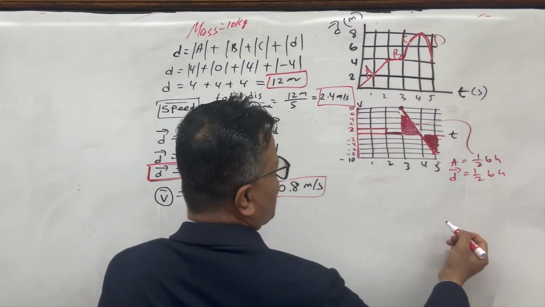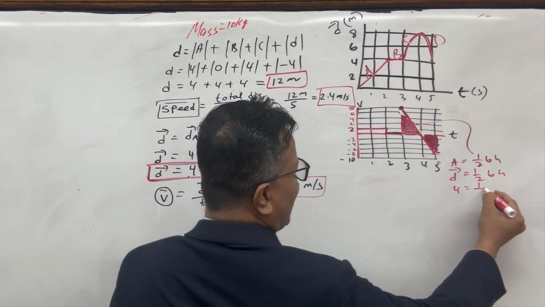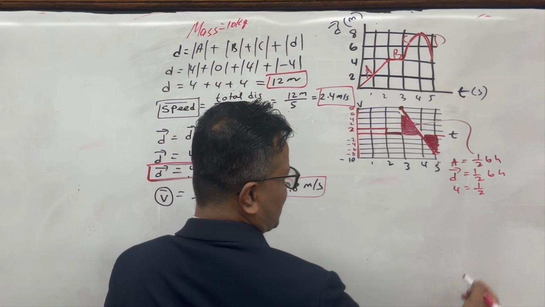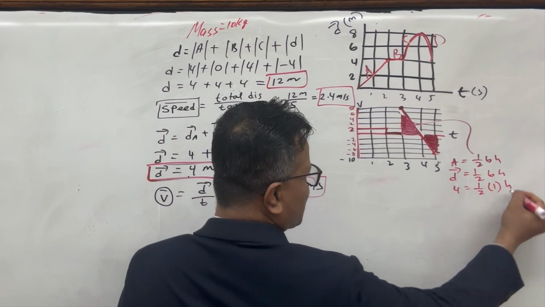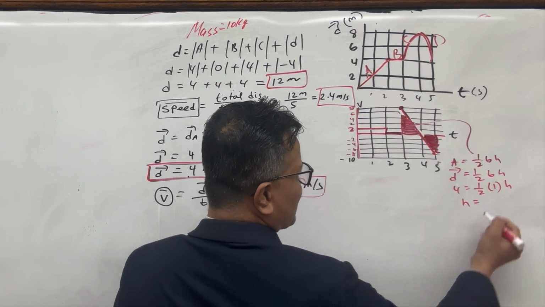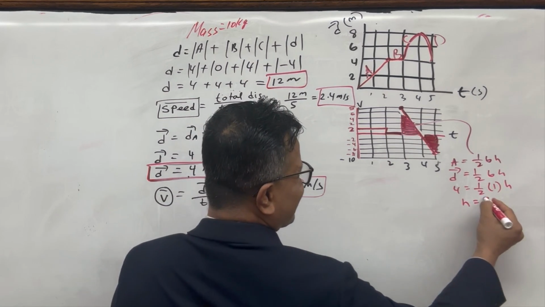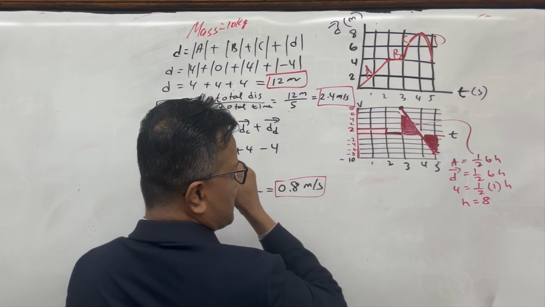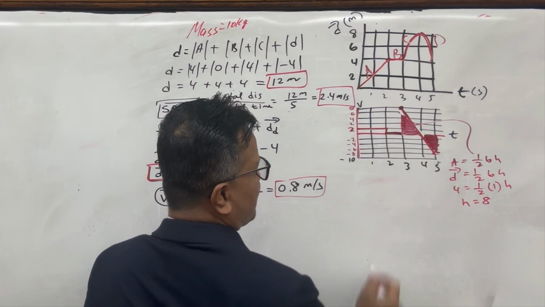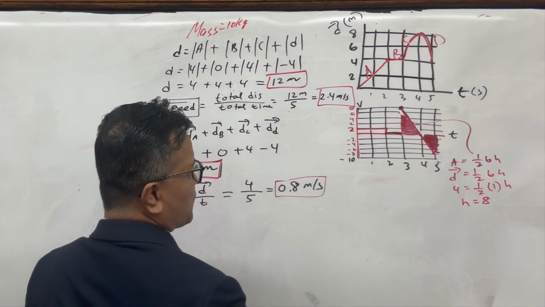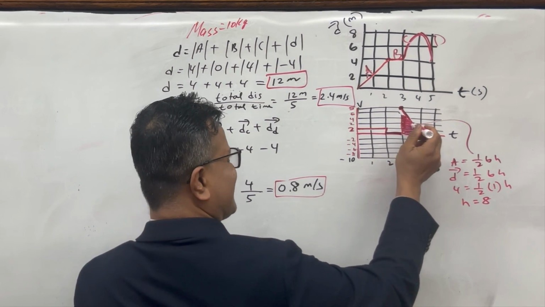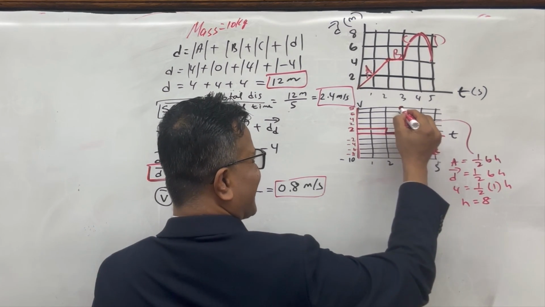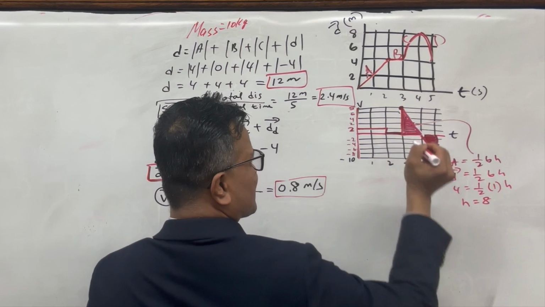So the displacement you already know, 4, half. B is how much? 1, which is time, h. So this is 8. So yeah, this is 8. We assume it correct. So this would be -8. So what are we trying to prove? We are trying to prove that this area is how much?